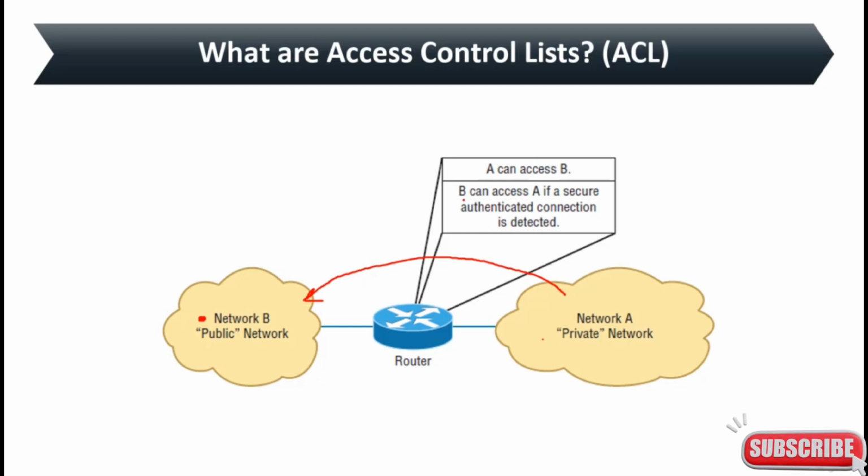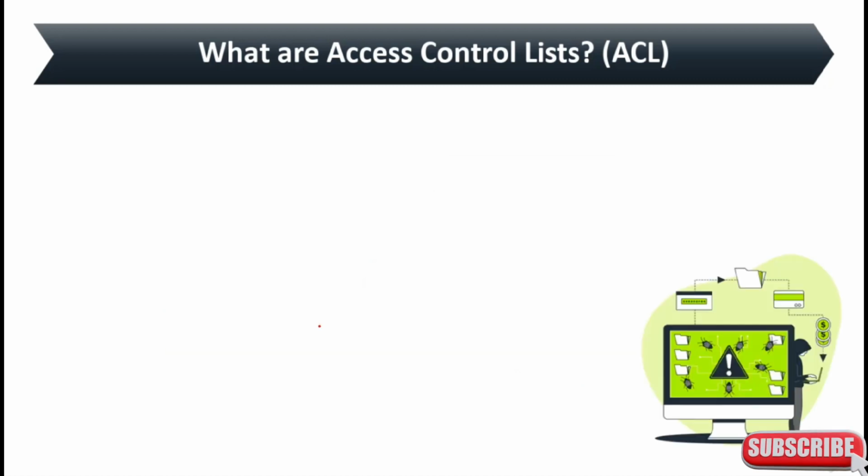So B can actually access A only if a secure authentication connection is used, for example HTTPS. But A can access the public network.